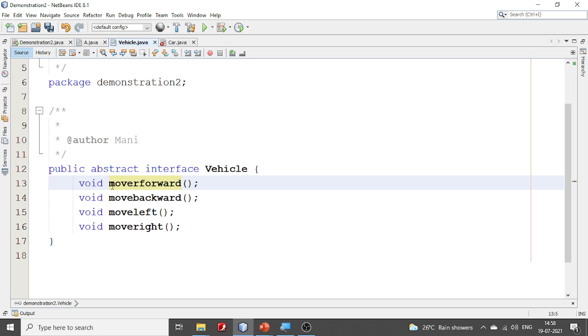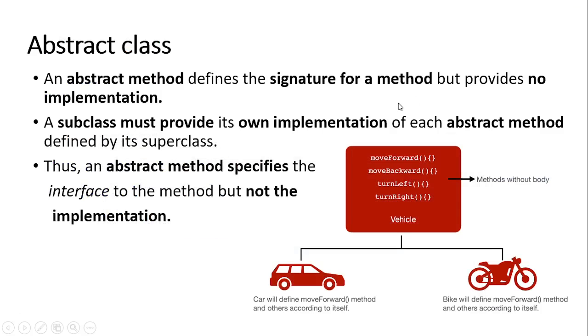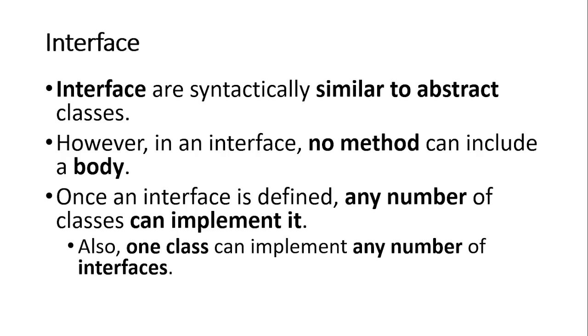So whatever you write in the interface, all of them are abstract. So let's go to the definition. An interface is syntactically similar to an abstract class, and what is very important about an interface is that no method has a body. So that is what I have shown there. There is no body for any of the methods.